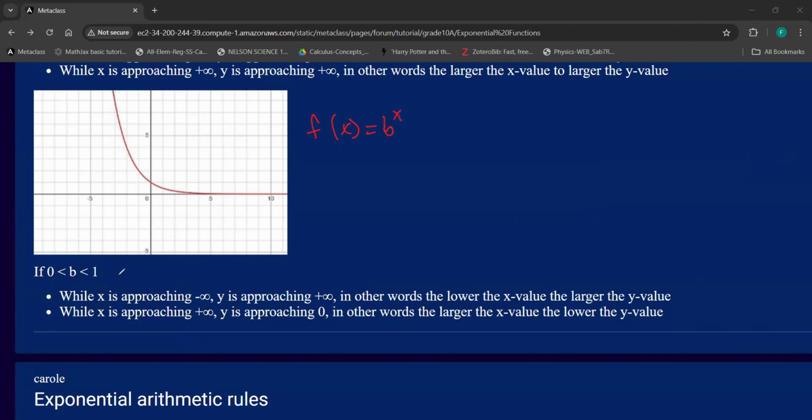If b is somewhere between 0 and 1, then this is what the graph looks like. Basically, the smaller the exponent x is, the greater the y value, so the greater the product. So you're going to have to be using this graph to figure out the following math question.